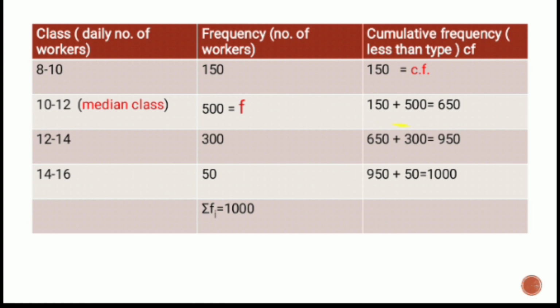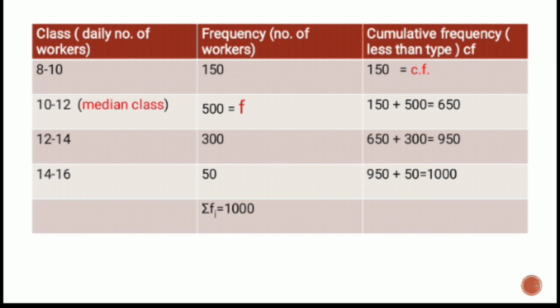Then adding 650 plus 300 gives you 950. After that add 950 plus 50, which gives you 1000. This way you can also find the total frequency. So guys, see, the summation Fi is 1000 and the cumulative frequency has also come to 1000. So your answer is right, you can check it.